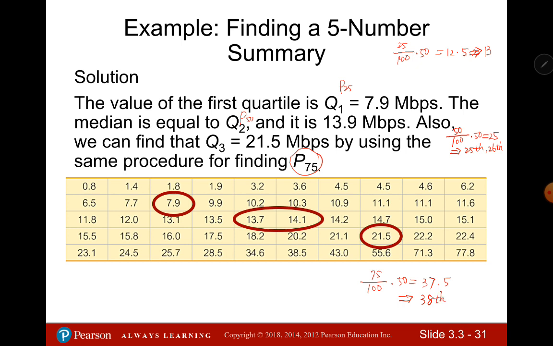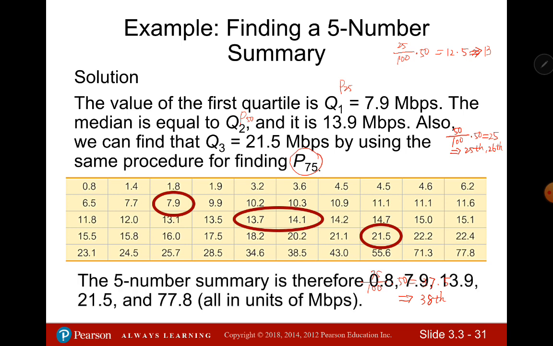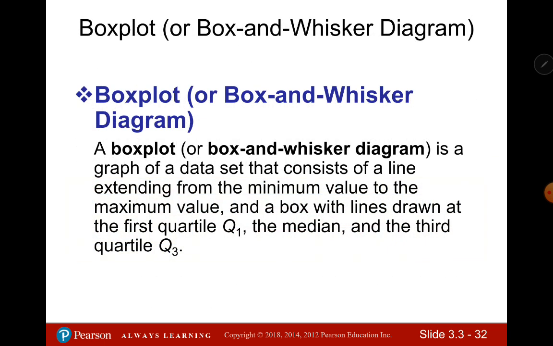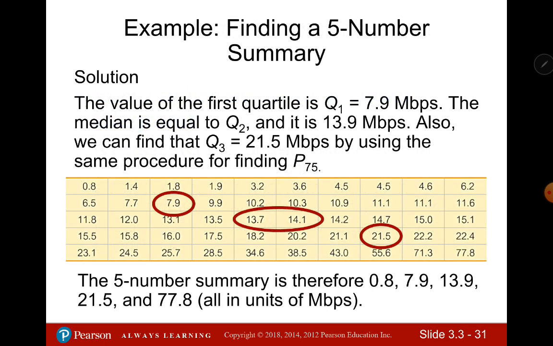So this is how we get Q1, Q2, Q3. We just find the P25th, P50th, P75th. After that, we can list them, we can list the answer here, from minimum, Q1, Q2, Q3, and the maximum.